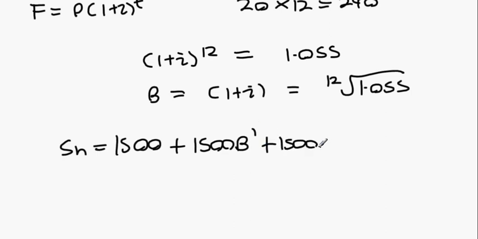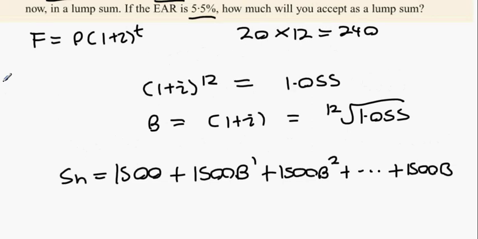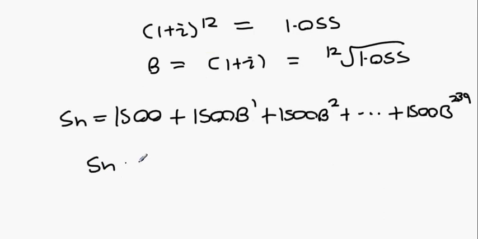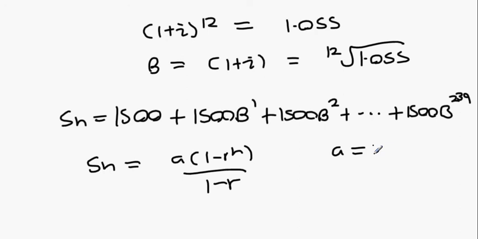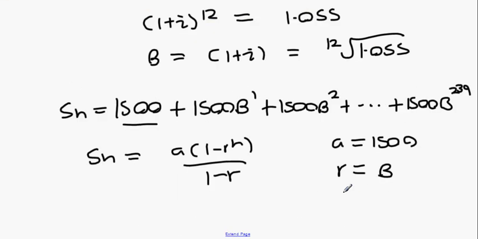Our third last payment accumulates 2 months of value, while our very first payment would accumulate 239 months of value. Once again, it's a geometric series where Sn equals a into 1 minus r^n all over 1 minus r. Our a value is 1,500, our beginning value. Our r value is b because it goes up by b every time. And our n value is going to be 240.